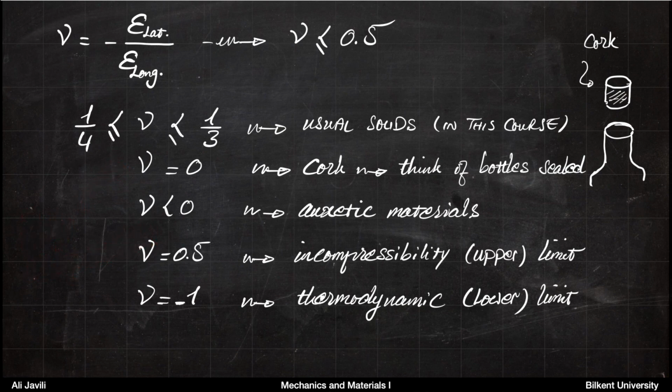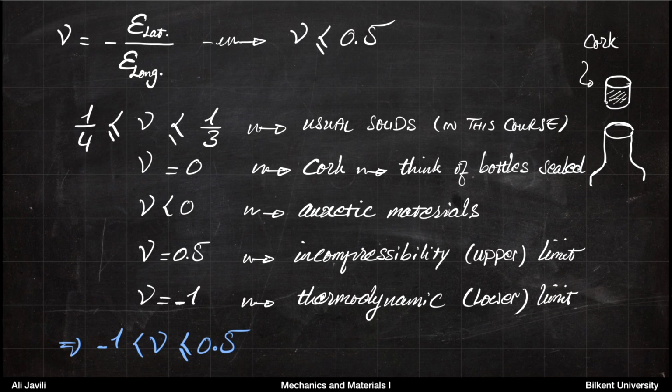But then you can go even lower than that, all the way down to Poisson's ratio of -1, and that is the lower limit, basically a thermodynamic limit. So Poisson's ratio is between -1 and 0.5. I'm not going to prove it here, but you can certainly learn more about it. Talk to me if you would like to.